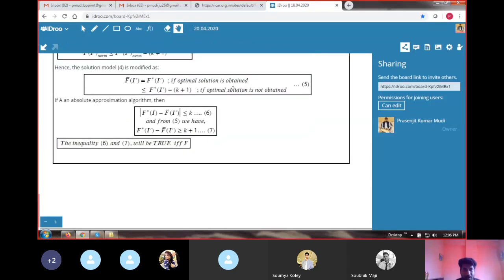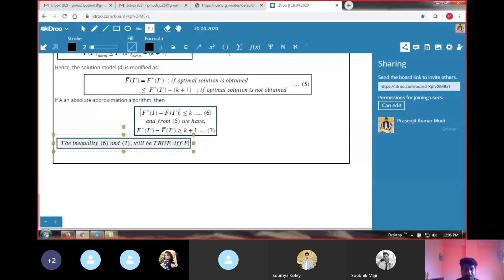Or from 5 you can say that in model 5 we have f bar I dash either equal to f star I dash or less than or equal to this. If it is less than, then it is not satisfying the absolute approximation, it is not satisfying inequality 6. That means f bar I dash has to be equal to f star I dash. Okay, so in both ways we can defend this.